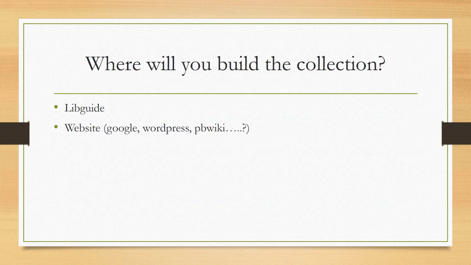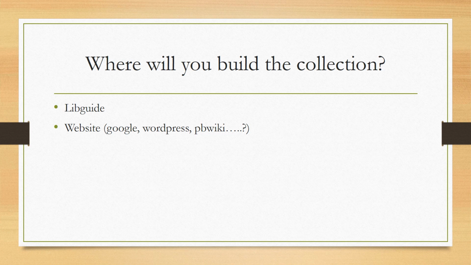Where will you do it? You can do it as a website, and you have access to Google Sites because you have UNCG credentials. If somebody's familiar with using WordPress, that might be an option. PB Wiki, you can use LibGuide.